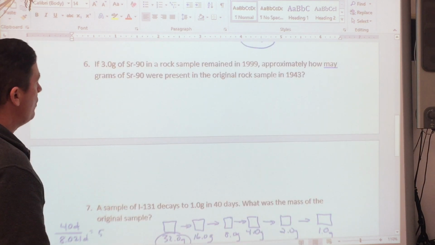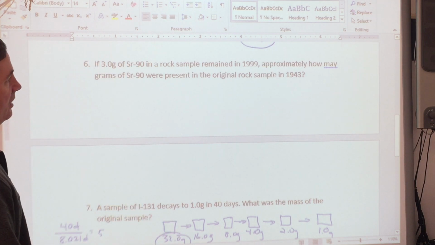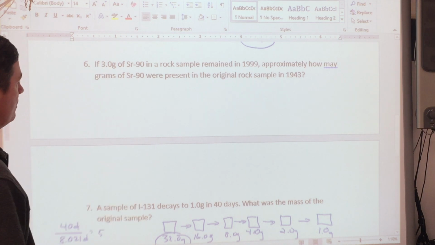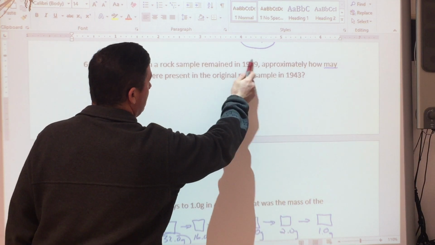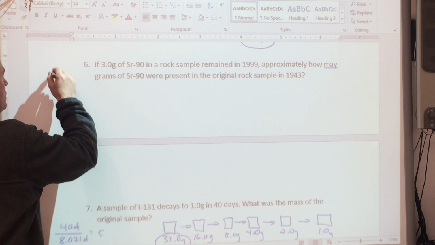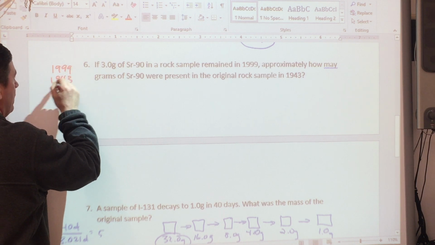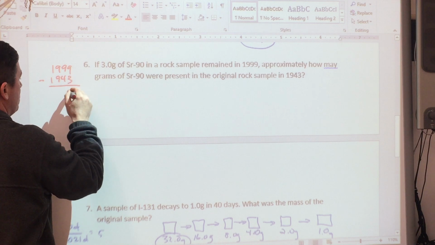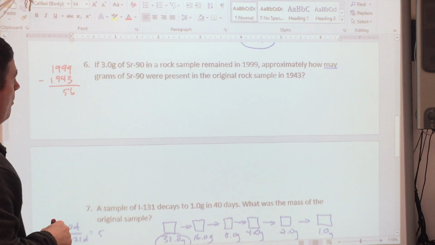If 3 grams of strontium-90 in a rock sample remained in 1999, approximately how many grams of strontium-90 were present in the original rock sample in 1943? So the first thing I have to do is find how many years it was between them. Quick math, 9 minus 3 is 6, so it's 56 years.